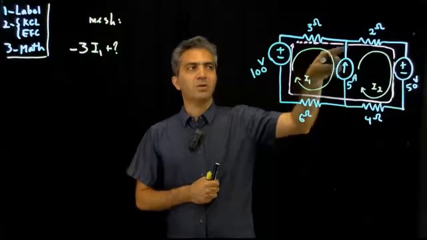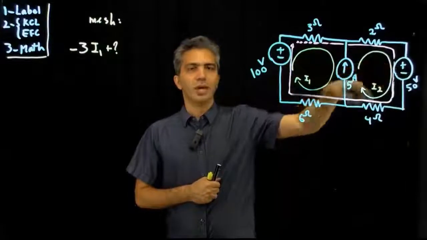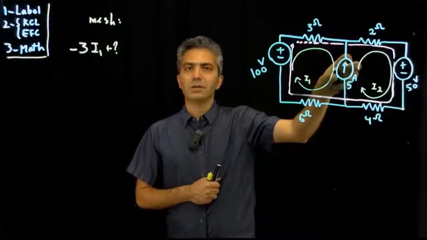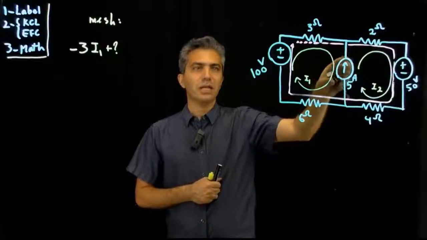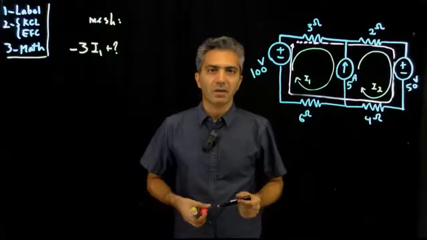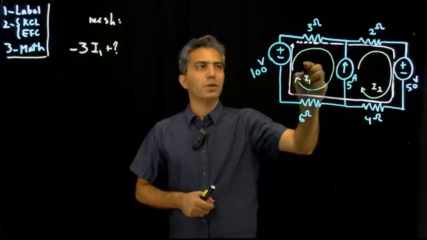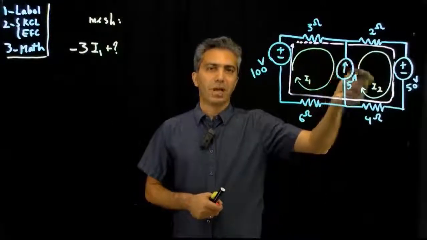So I'm no longer going through the current source in that new loop, so I no longer need to know what the voltage across that current source is. This new mesh or loop is called the super mesh.